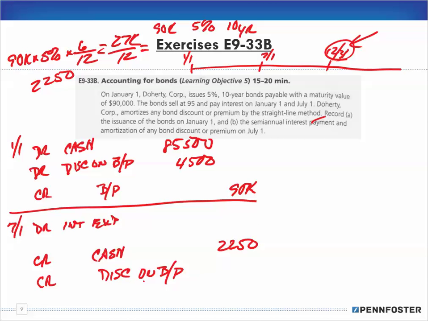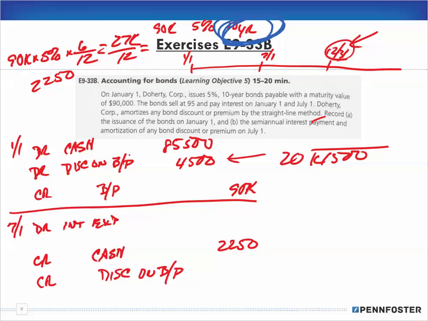Well, our discount is $4,500, and we're going to amortize that over the entire 10-year period. Since we're making 2 payments a year, 10 times 2 is 20 payments.